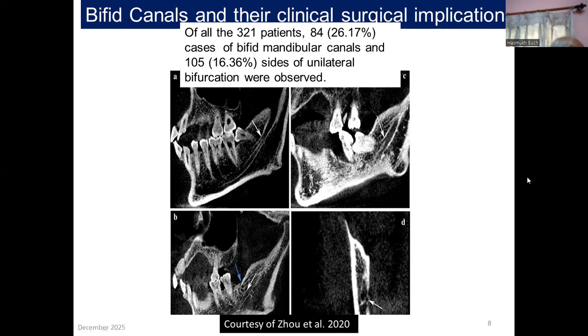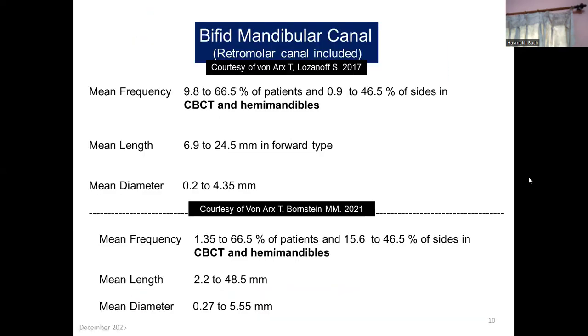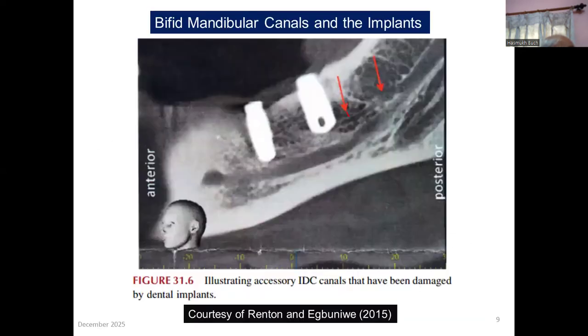Now, let us go to the next. And here, the implant is impinging upon, you can see, the mandibular canal, the accessory one. Here is the implant. The main mandibular canal is here, and the accessory is here.